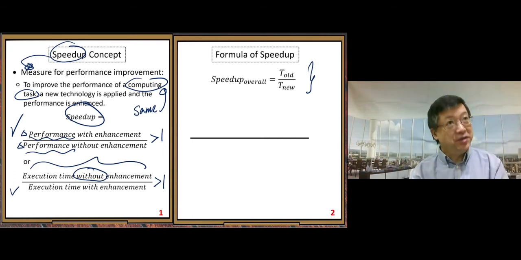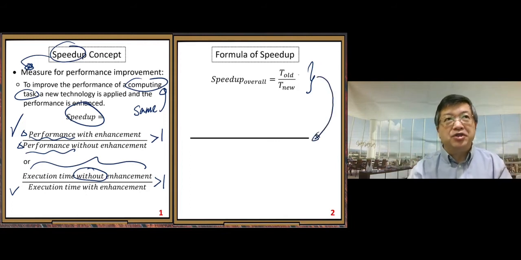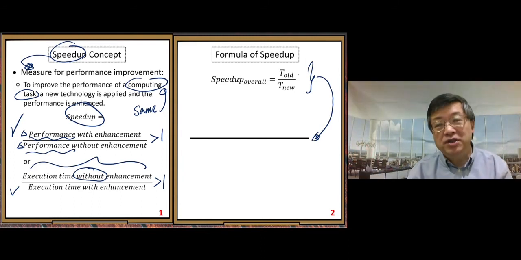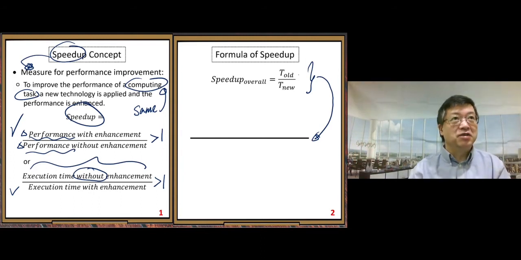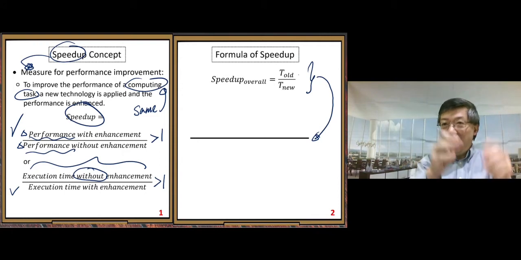Here we use execution time, okay? More reliable. I like to use the execution time version in our analysis because it's more reliable. I do not use the performance-based analysis because it is very easy to misuse it. So you get the idea here.